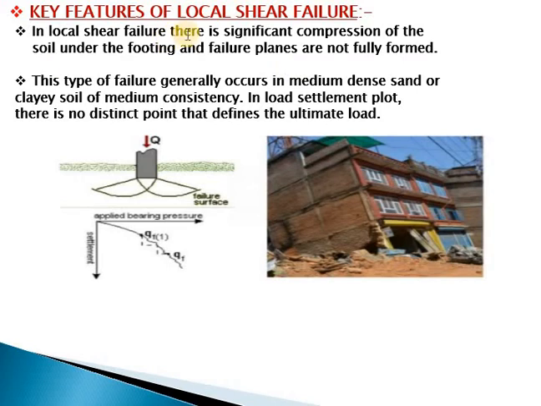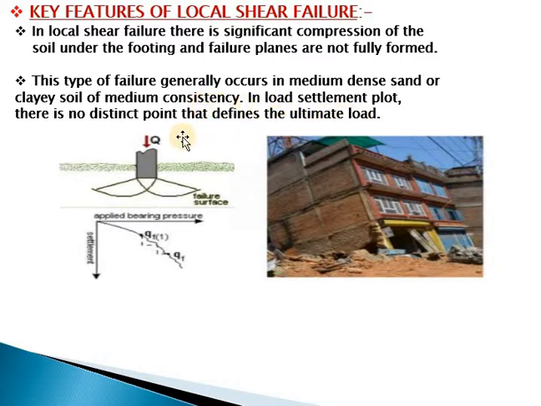Okay. Next one is key features of local shear failure. In local shear failure, there is a significant compression of the soil under the footing and failure planes are not fully formed. Okay. And this type of failure generally occurs in medium dense sand or clay soil of medium consistency. General shear failure occurs when the soil strata is hard, but local shear failure occurs in medium dense sand or clay soil of medium consistency.